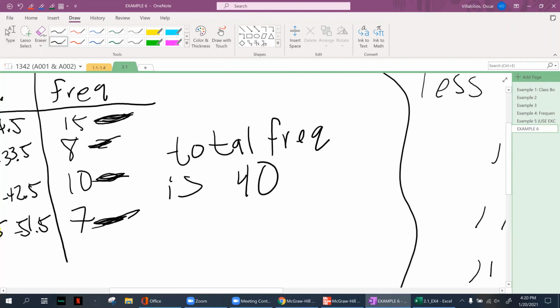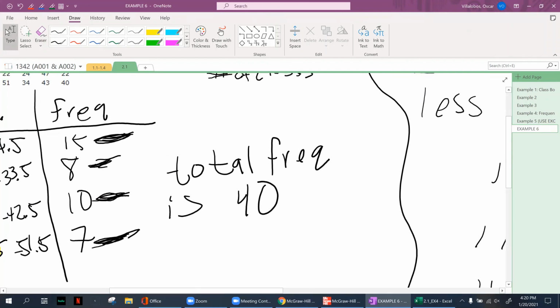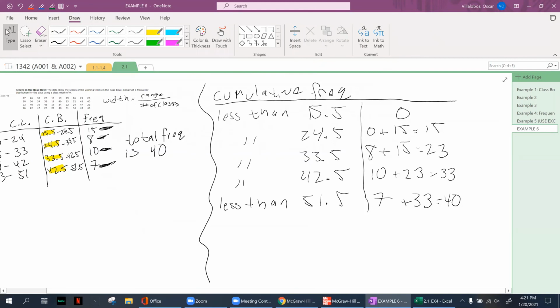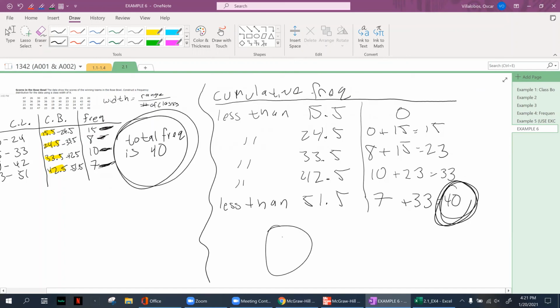And I caught myself right now because I forgot to add an extra row. So there we go. I ended up using every value. And hey, this number is the same as this number. That's pretty good.